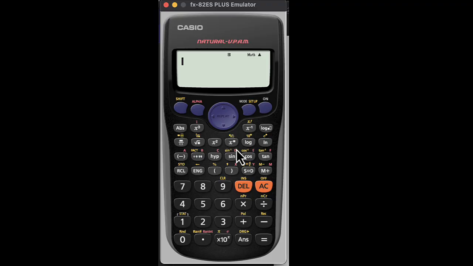So the first one, if I put it in, let's store 1 to A. So shift store A, 1 is A now. And now let's type out the whole thing, which is 2 to the power of 2n minus 1, so n is A, minus 1.